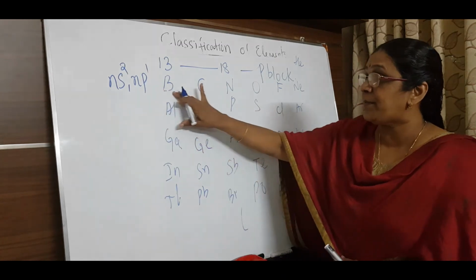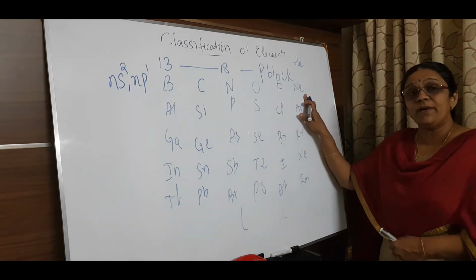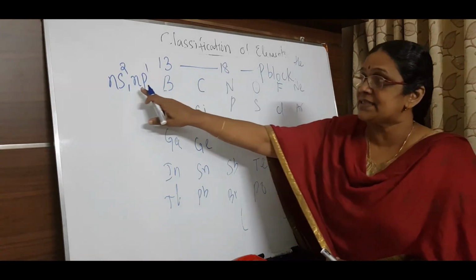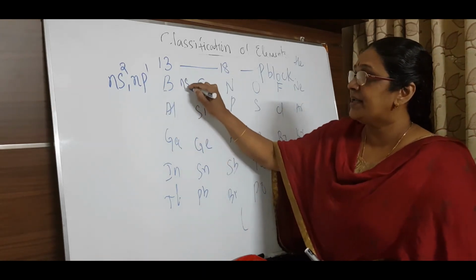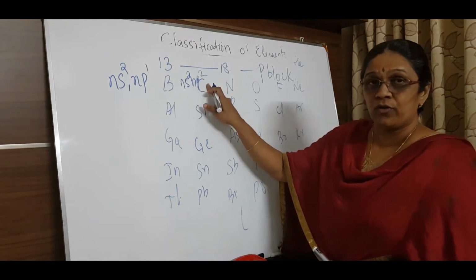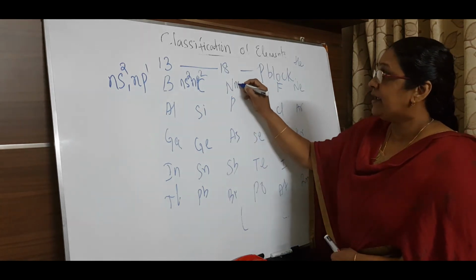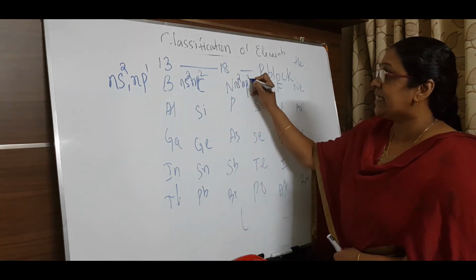In these cases the p orbital will be filled. For example, this is NS2 NP1, then NS2 NP2 for atomic number 6, and then NS2 NP3 for atomic number 7.